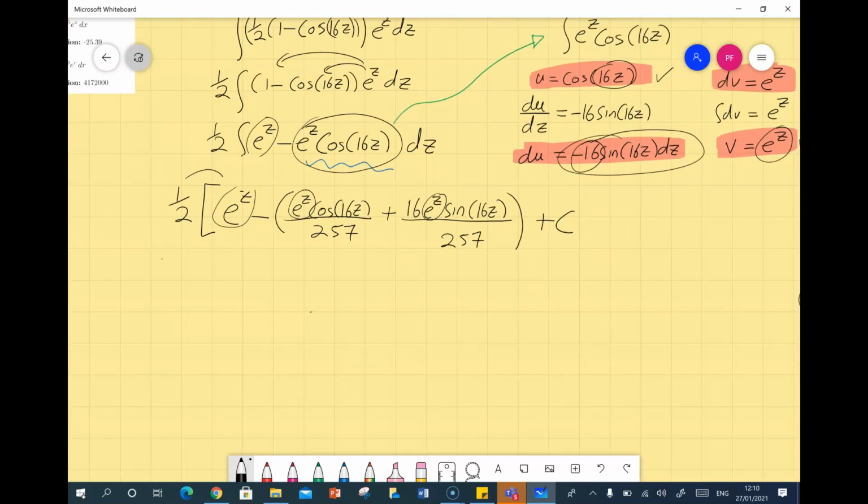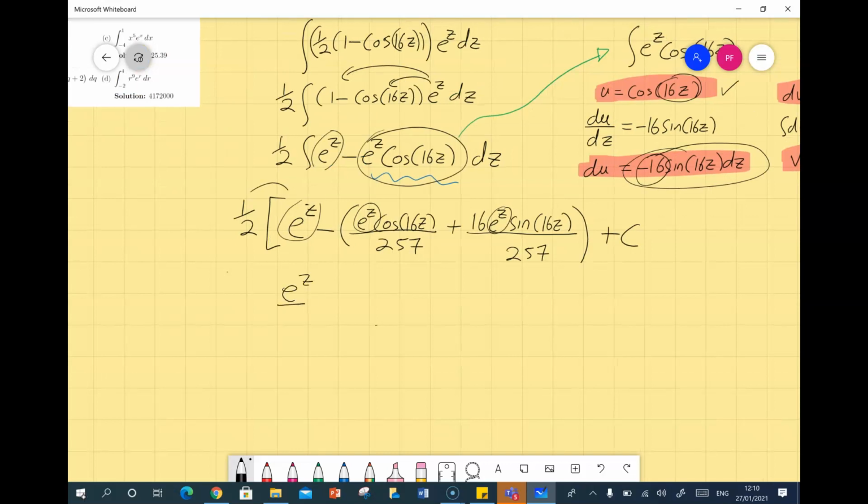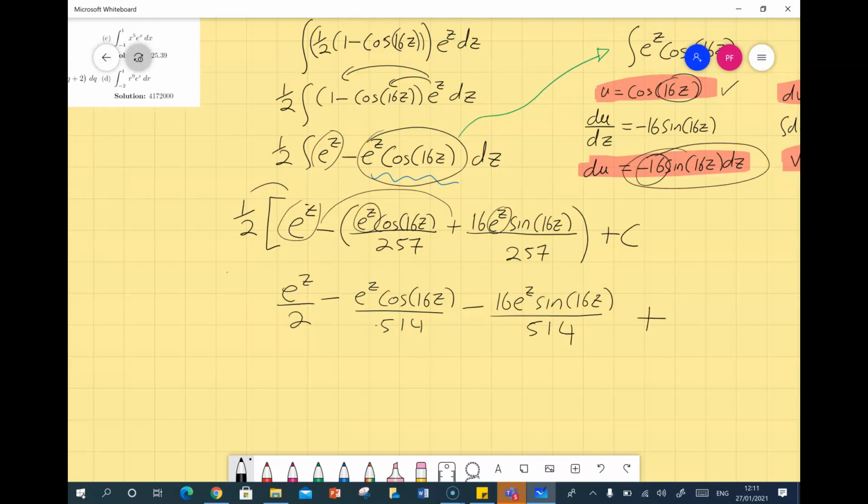Last thing I'm just going to do is multiply in my half here, so it's e to the power of z over 2 minus, now remember we're multiplying by a half, so you'd be multiplying the bottom line by 2, so minus e to the power of z cos of 16z and 257 by 2 over 514, and the same thing here, we have our minus, so that's minus 16 e to the power of z sine 16z all over 514 as well, and then forget your plus c.